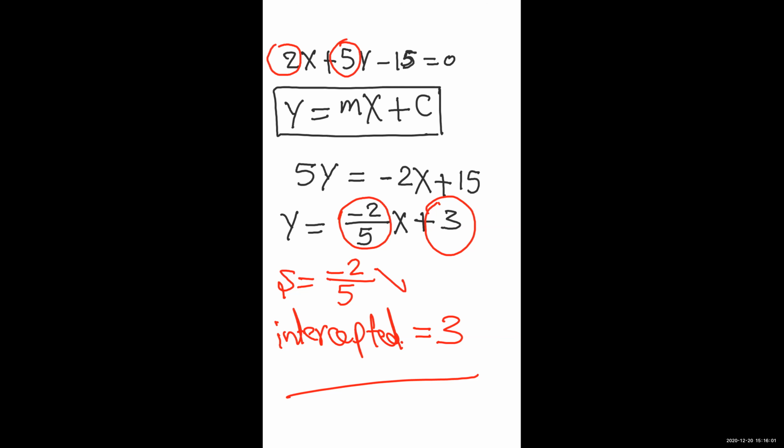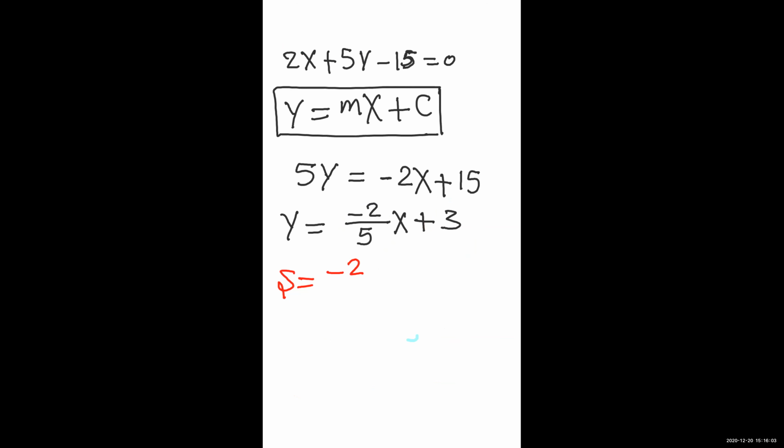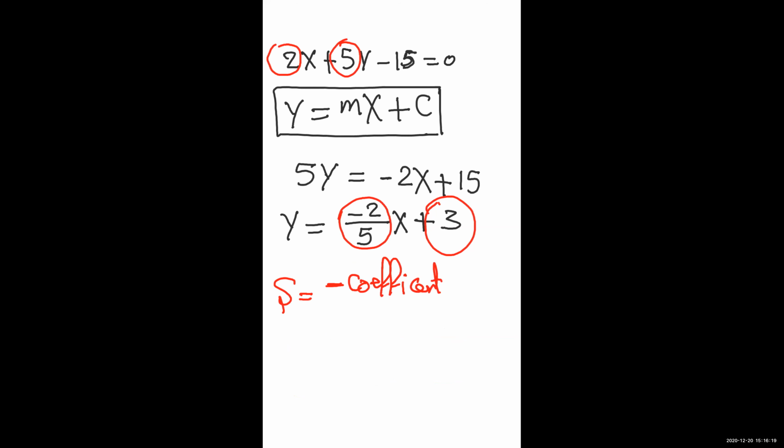So this means the slope equals the negative coefficient of x over the coefficient of y.